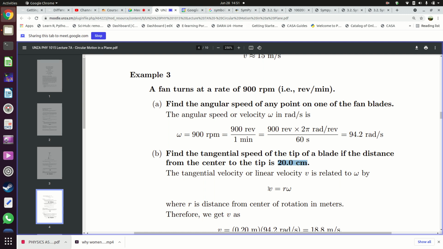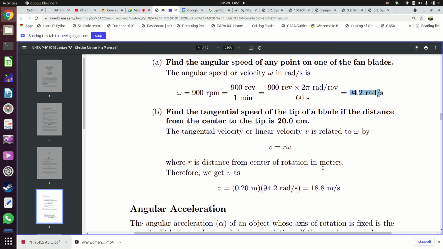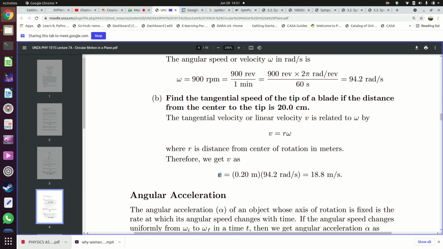So your velocity V is equal to the radius, 0.2 meters, multiplied by the angular velocity, which is what you have here. So V is 0.2 meters multiplied by 94.2 radians per second, and this gives you 18.8 meters per second. So this is how fast something is going.